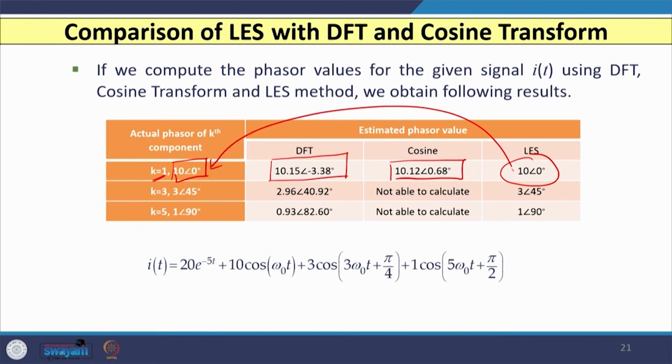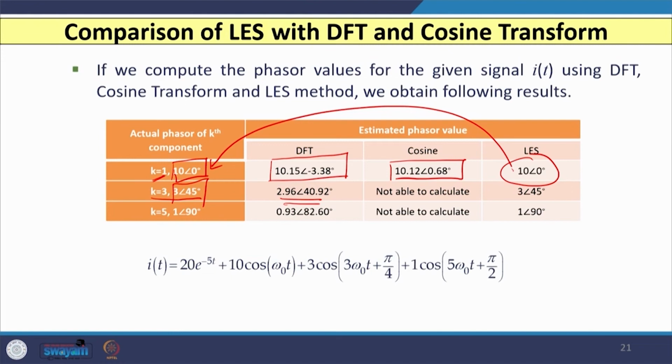In the same way, if I calculate the phasor value for the third harmonic, putting k equal to 3, the actual value of this phasor is 3 angle 45. If you obtain this value using DFT, you have 2.96 at an angle of 40.92.